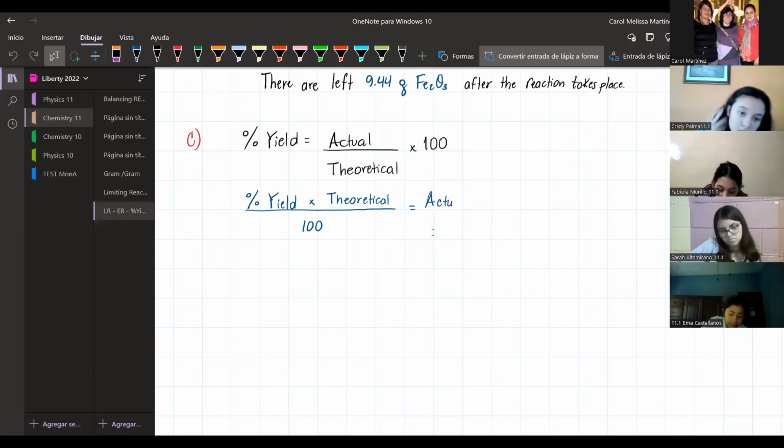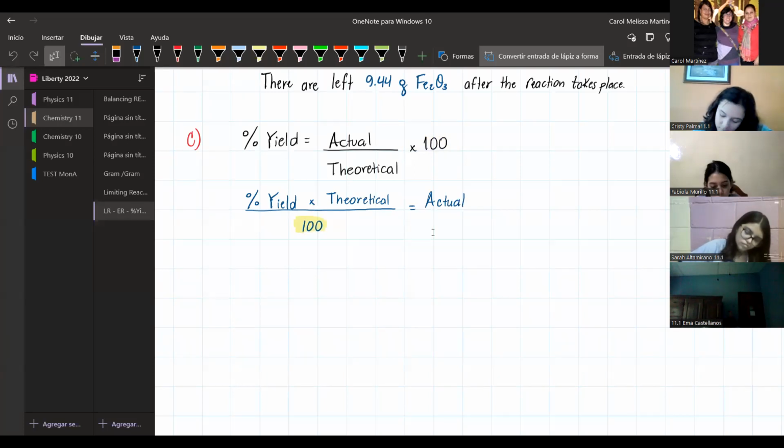The theoretical was dividing, so when you move it to the other side, it's going to be multiplying. 100 was multiplying, so when you move it to the other side of the equation, it's going to be divided. That's why here the 100 is dividing.